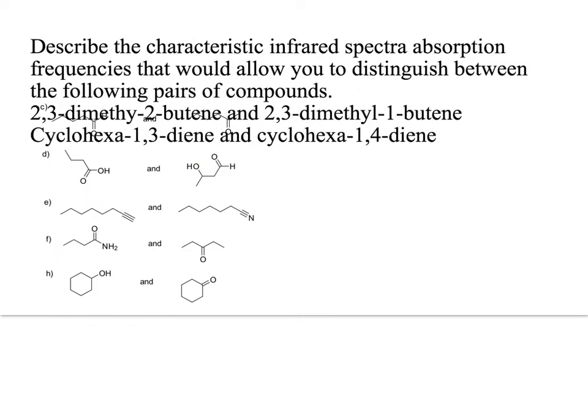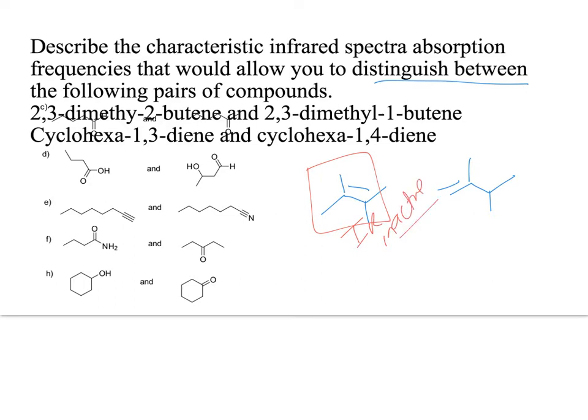Okay, so some of these compounds we can't see. We're supposed to figure out how we would distinguish between the following pairs. So first let's draw 2,3-dimethylbutene, and so butene is there, and then we have 2, 3, that butene. So this is going to be basically IR inactive.